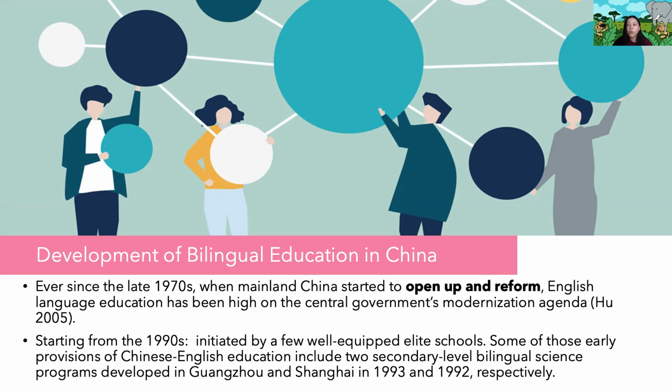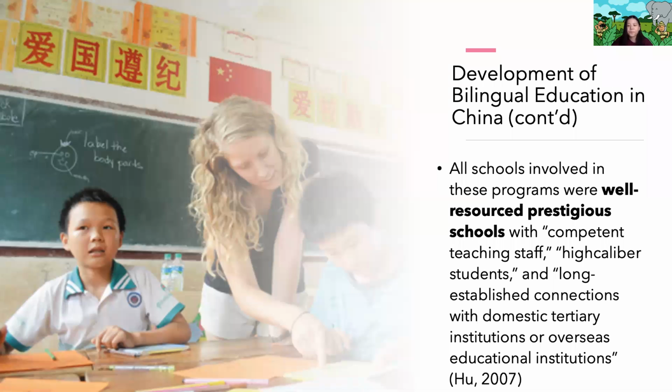This is something that we will walk through in this lecture, that education, especially English education in China, is always associated with economy and resources. On average, schools that launch bilingual programs are well-resourced and prestigious.